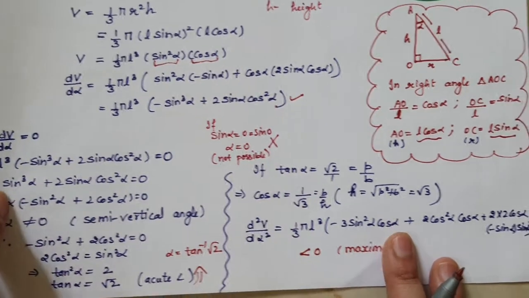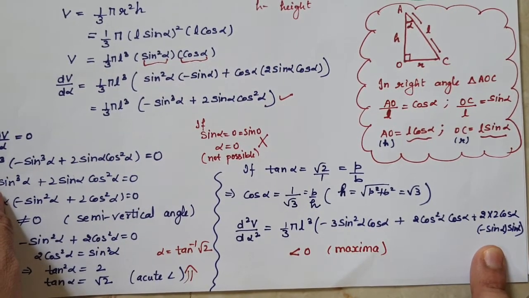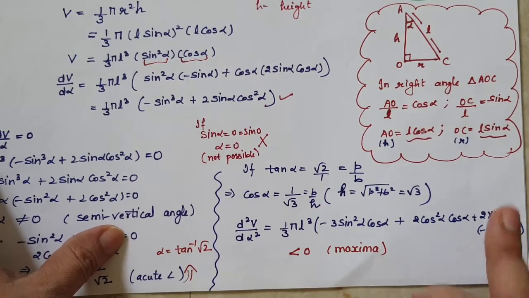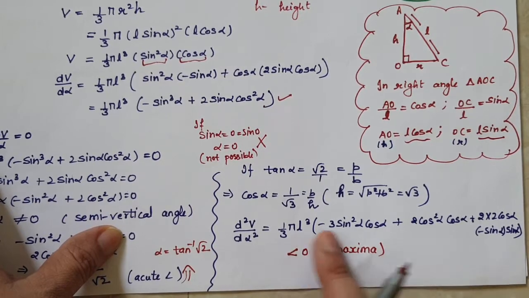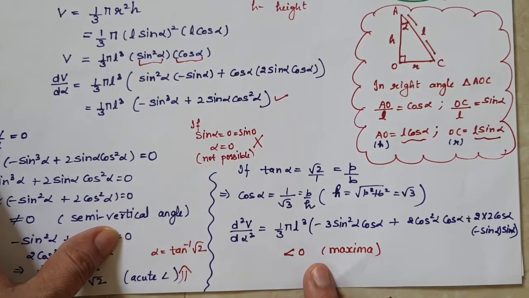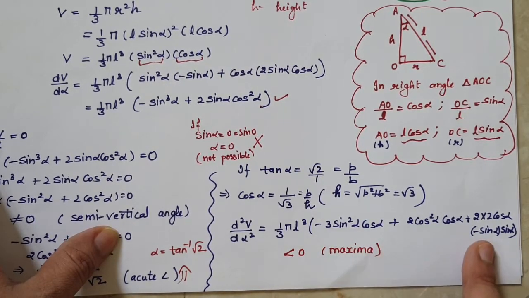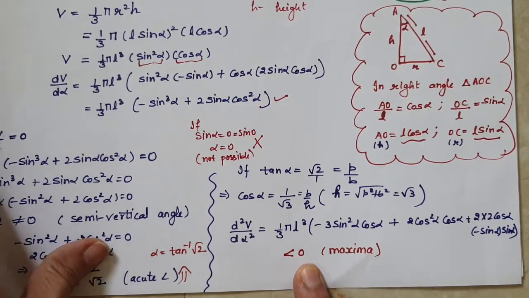So the terms that you are going to get will be these two. Now as per the question, we should get maximum volume. So maximum volume will be when this whole thing is coming out to be less than 0. So let us try to show whether this is coming out to be less than 0 or not. Okay, so we will start with this equation itself.